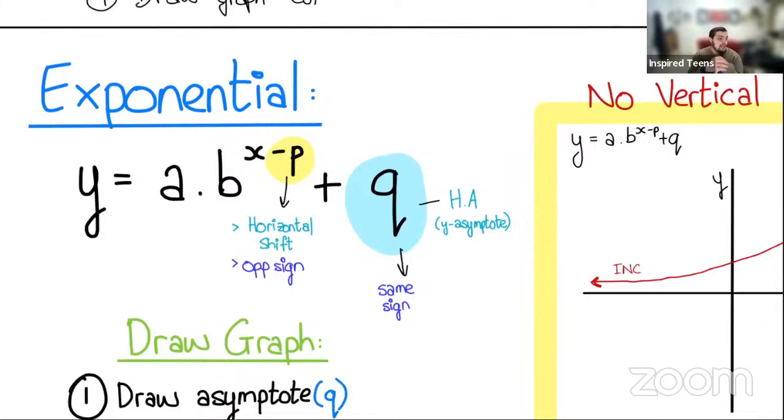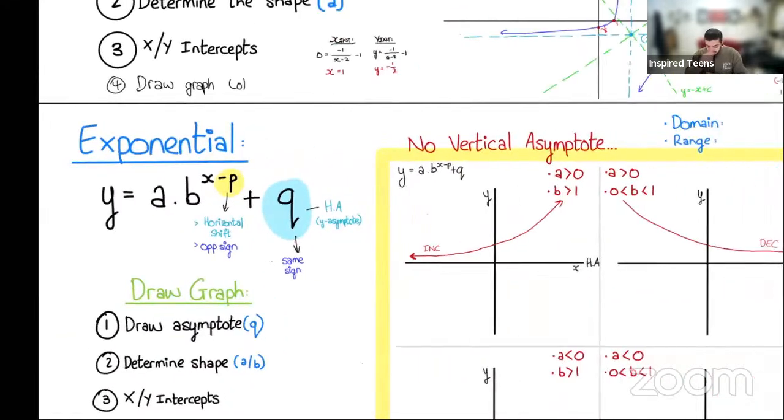It's not an asymptote; it's horizontal shifting of the graph, moving left or right and changing the x value. Opposite sign means if it's a plus, we move left. If it's a minus, we move right. So that's the equation for the exponential function.